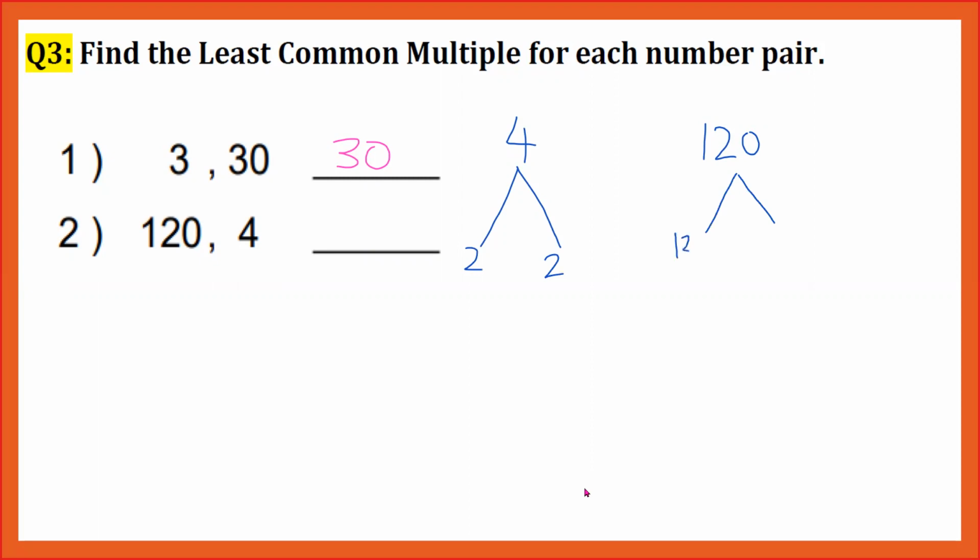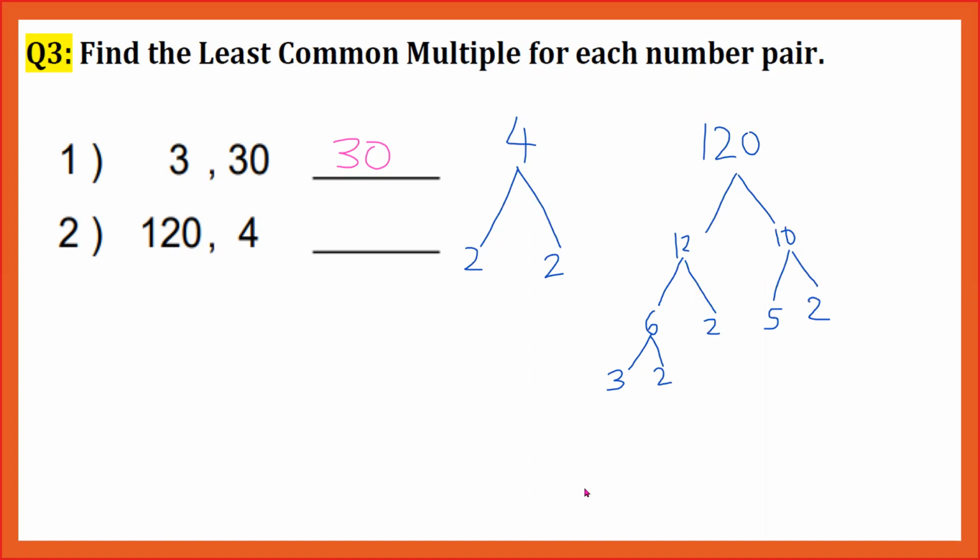Then 2 factors that multiply to 12: 6 by 2. And then 6: 3 by 2. Now for 10, we can try 1 by 10. No, 5 by 2. It's better.